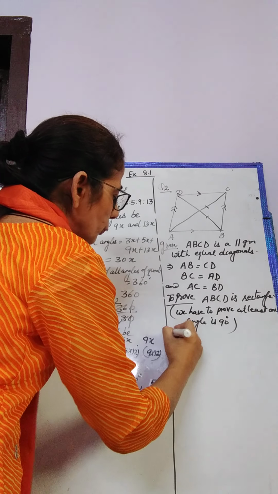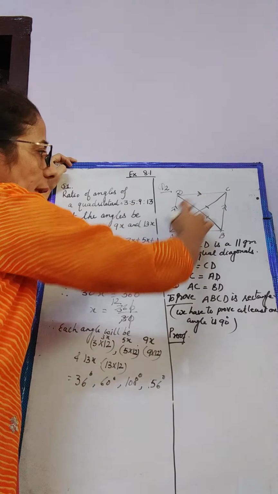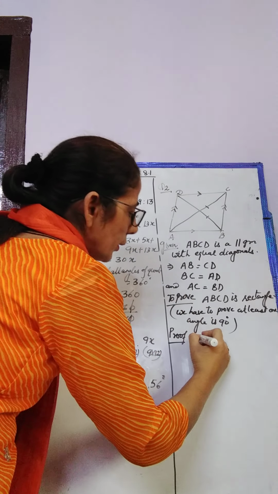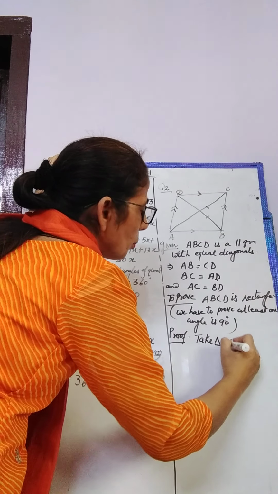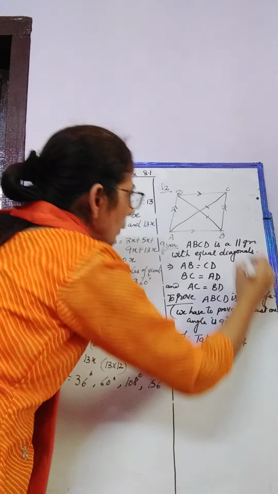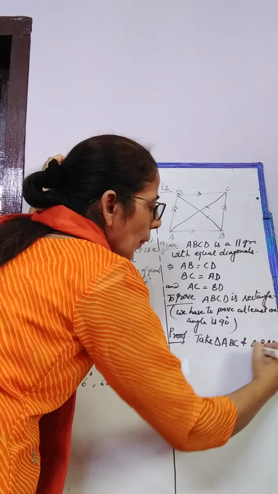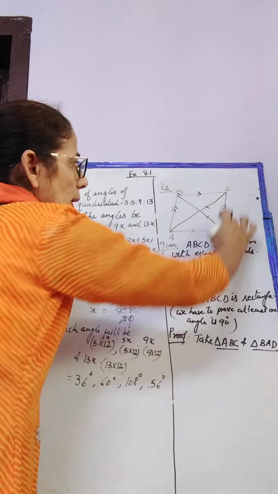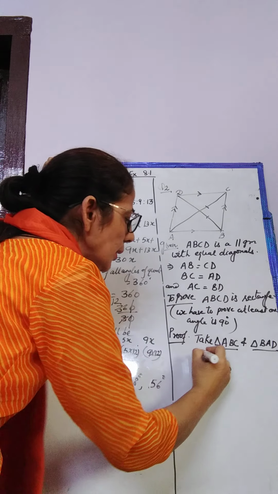Now the proof. What we are going to do is take two triangles, ABC and BAD. Take triangles ABC and BAD. What is there? AB in triangle ABC and in triangle BAD, AB is a common side.